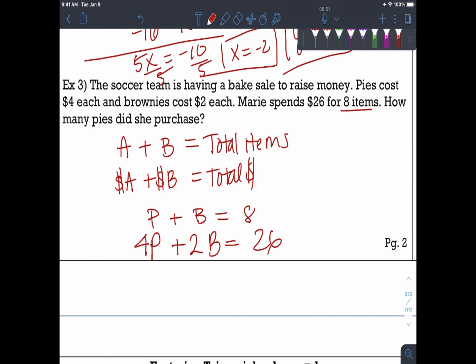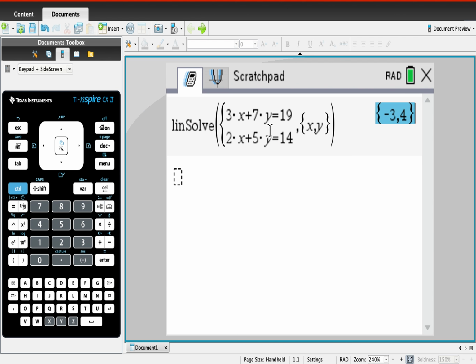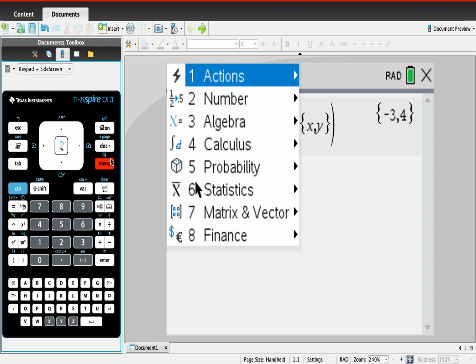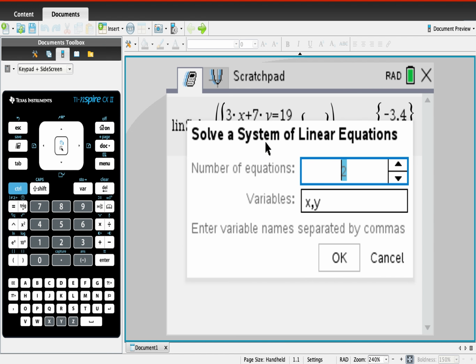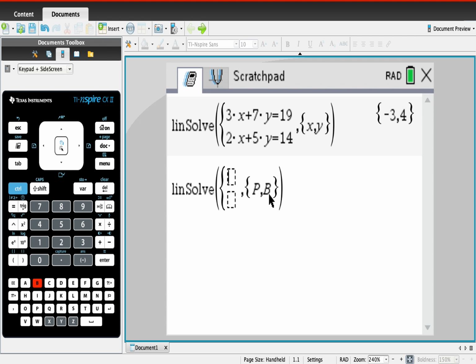So I could go ahead and use my substitution or elimination, but I'm going to use my calculator. I'm going to do another LinSolve: menu, algebra, solve system of linear equations. And just to be a little bit difficult, I'm going to change these to P and B. All right, so let's type these in.